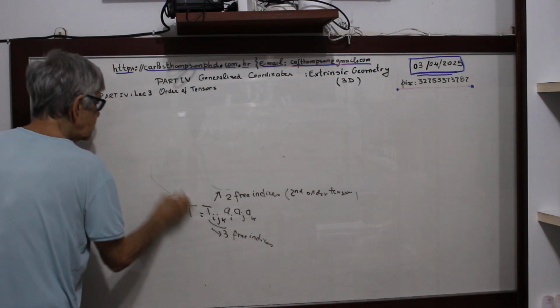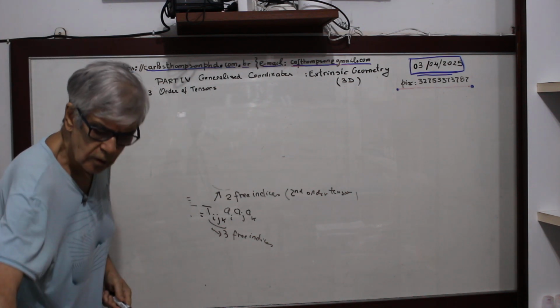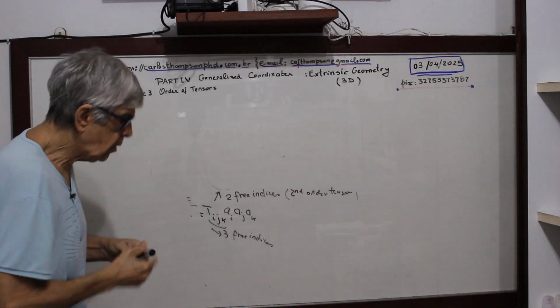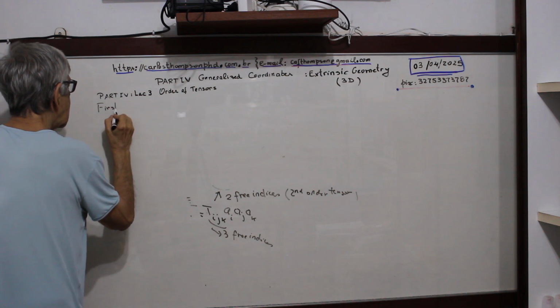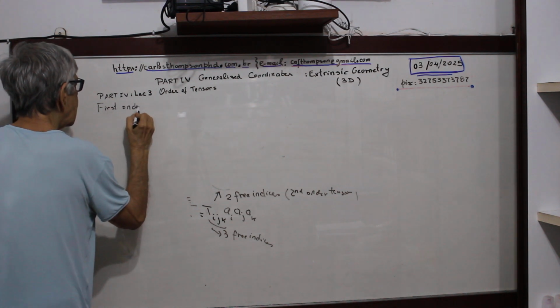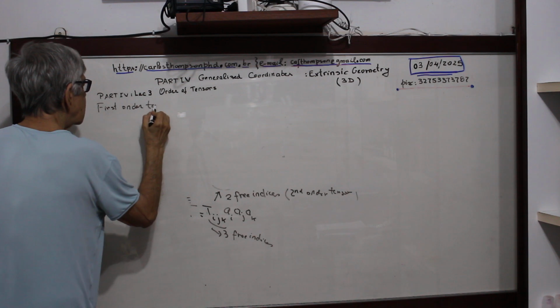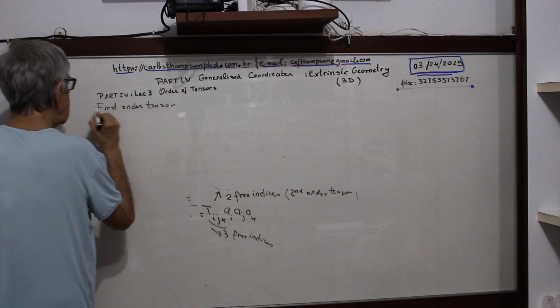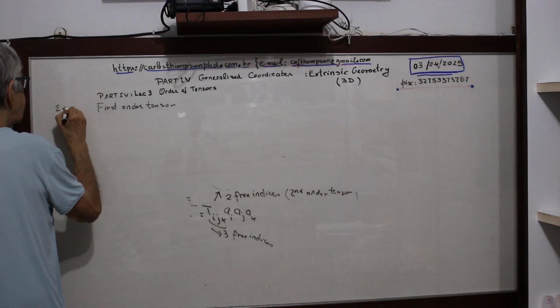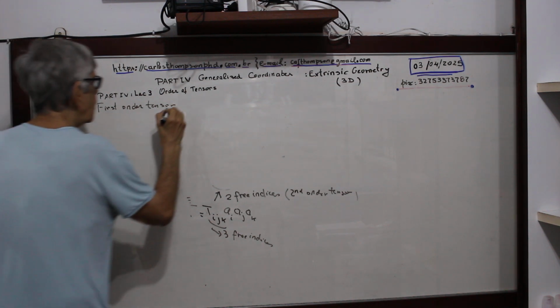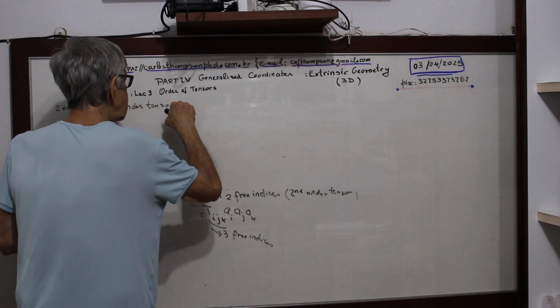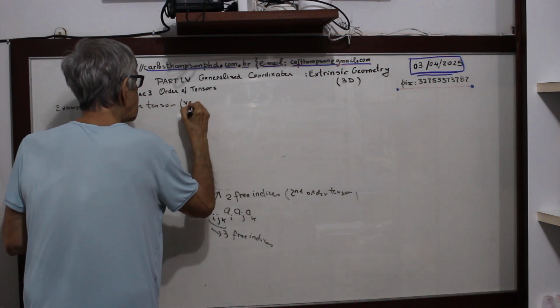Look at that, you see, I have a vector down here, first order tensor. Example. For instance, this is a vector.